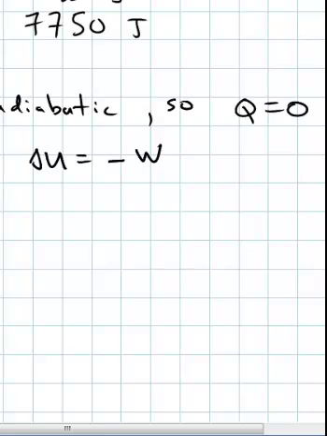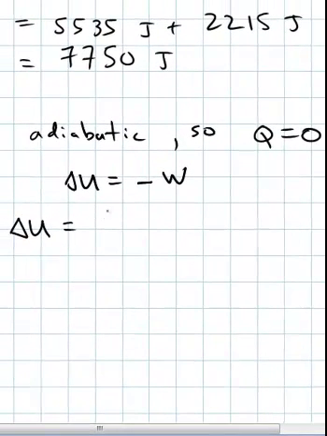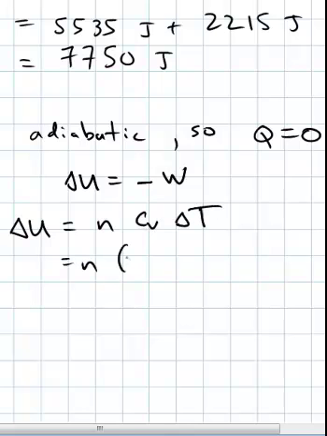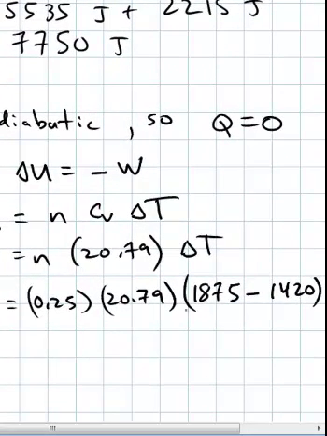So we're going to first use the fact that this is an ideal gas and that delta U is N times CV times delta T, which is N times 20.79 times delta T, and I get, well, I'll just put the numbers in, 0.25, 20.79, and the T is 1875 Kelvin minus 1420 Kelvin.